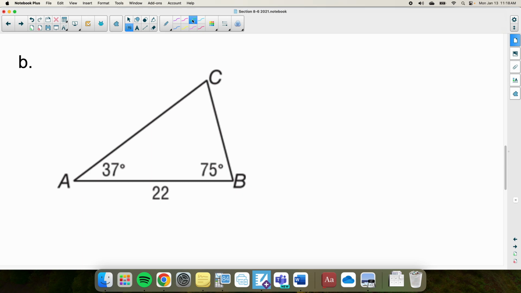All right, so what it is I need to know. I need to know the measure of angle C. Then across from angle C is little c, across from angle A is little a, across from angle B is little b, okay? So I need to know the measure of angle C. I need to know little a, and I need to know little b.